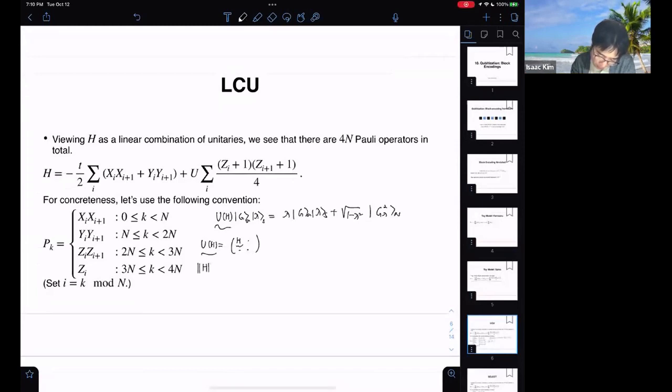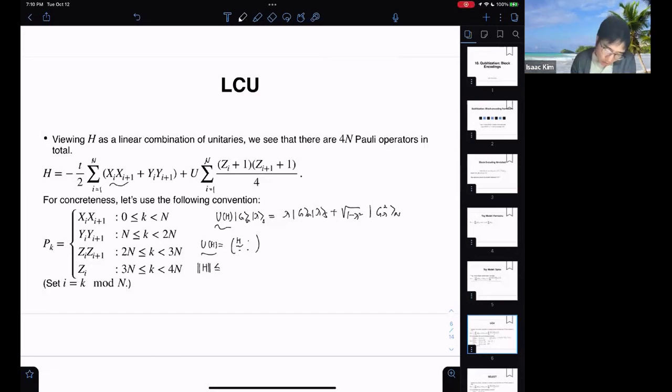So we can first upper bound the norm of this by just using the triangle inequality. So suppose this sum ranges from 1 to n, and we use a periodic boundary condition, then individual terms such as X_i X_{i+1}, Y_i Y_{i+1}, have a norm of 1.